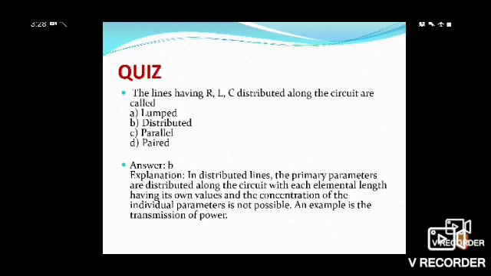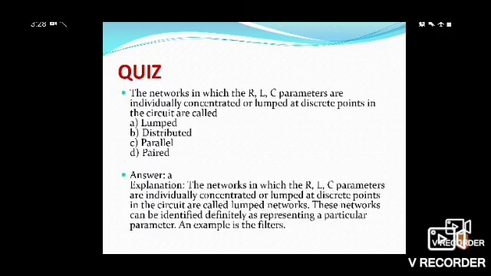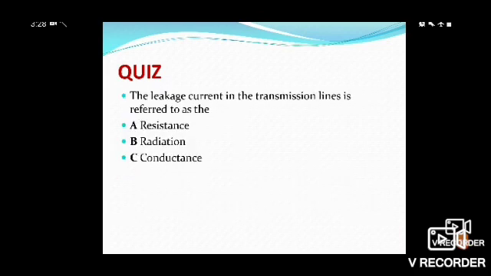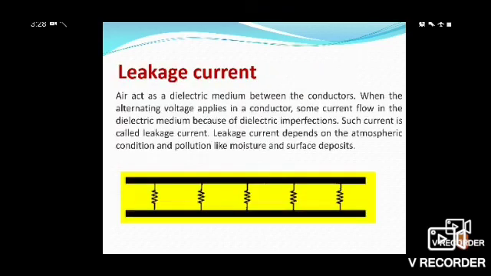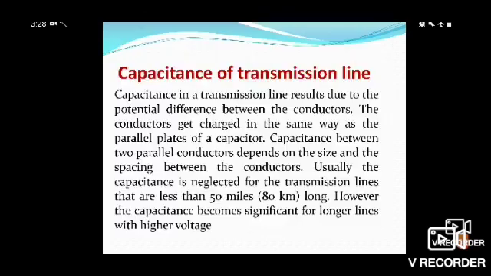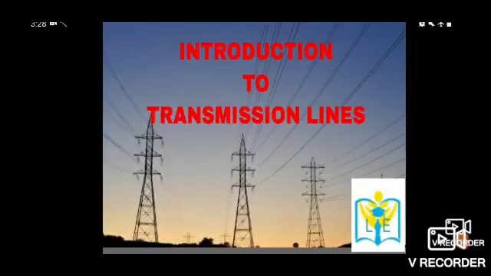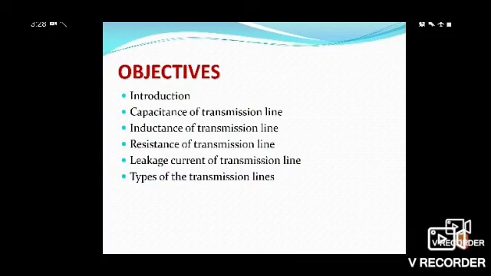In this session I have covered so many things: what a transmission line is, the introduction to the transmission line, the types of transmission lines, and what capacitance and inductance are. Why do we use transmission lines?